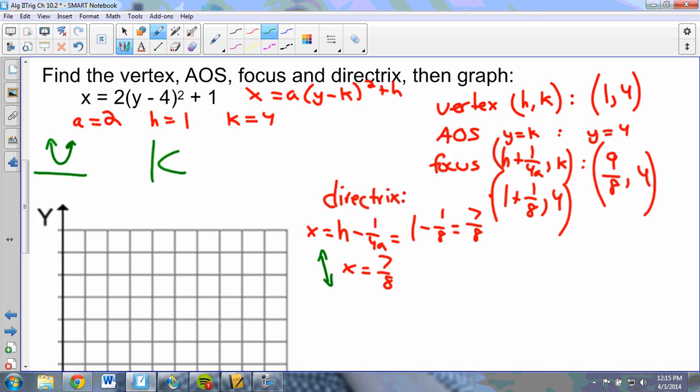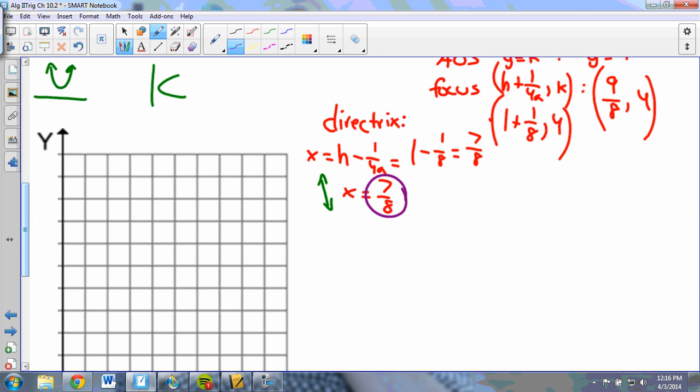Okay, I'm going to graph this now. My vertex. So here's the thing. Graphing points that have these fractions, like 7/8 and 9/8, I don't want to be counting by 1s on my x-axis anymore. In fact, on my x-axis, I'm going to count by 8s.